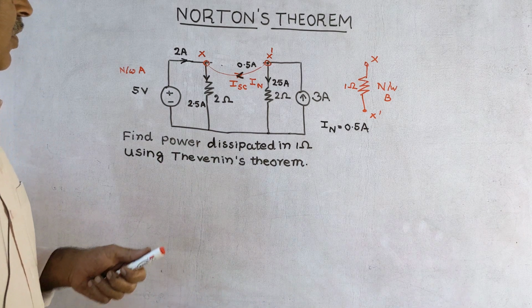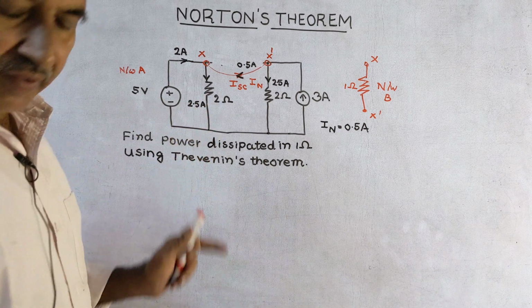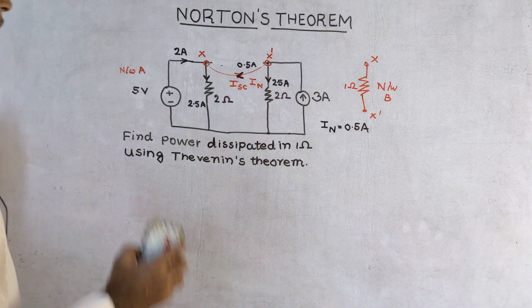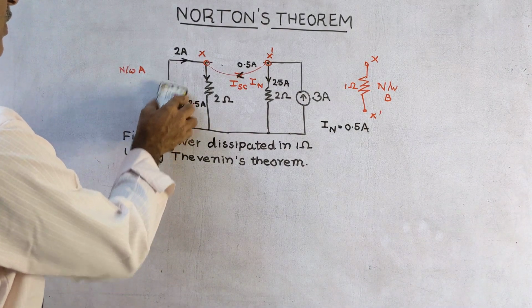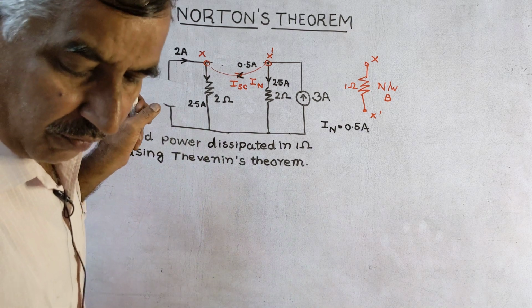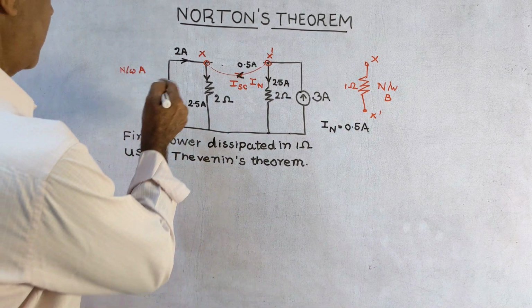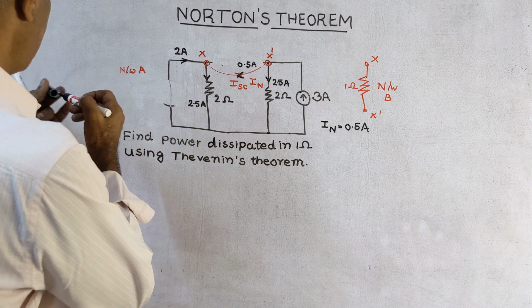Now the next procedure is we have to make the network A a dead circuit. Dead circuit means kill all the sources. So killing all the sources means shorting the 5 volt source. So we have to short the 5 volt source.